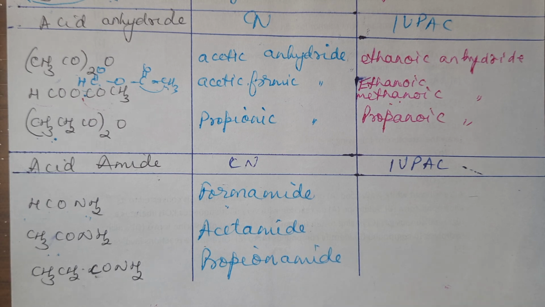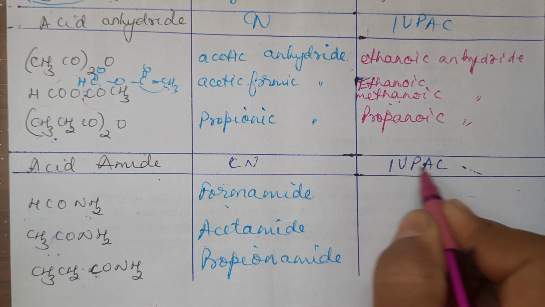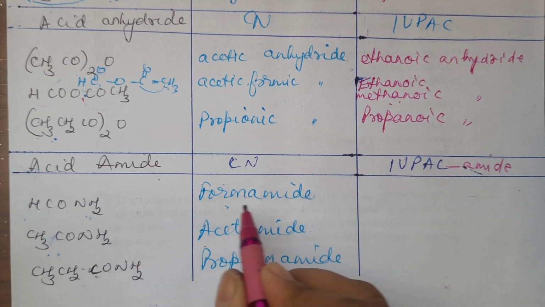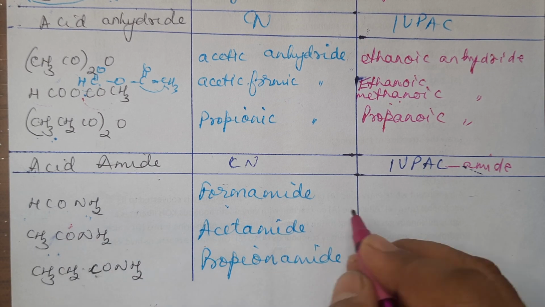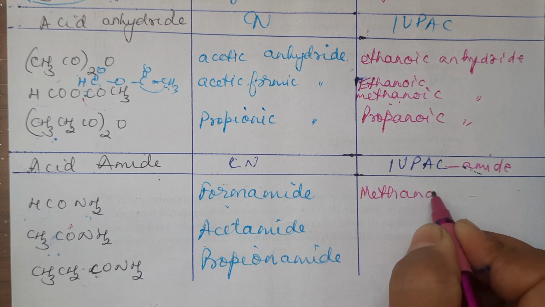Propionamide. Their IUPAC names also will be obtained from where they are obtained, and the suffix amide you are going to add. The first one is obtained from formic acid. So methane and amide.